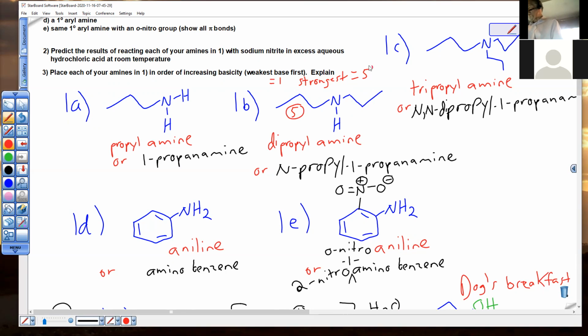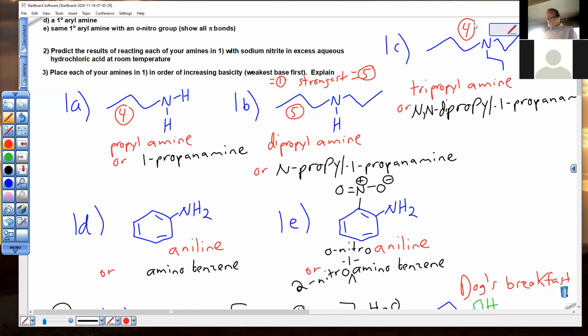I'll put a circle on it so you know what I'm using the circles for. We'll explain why shortly. There'd be almost a tie between A and C. Primary and tertiary aliphatic amines have similar basicity. I don't expect you to distinguish them.